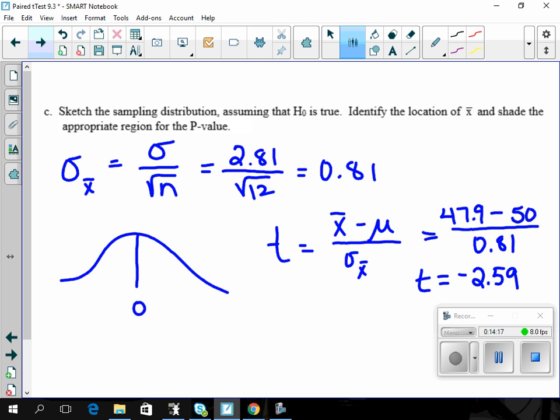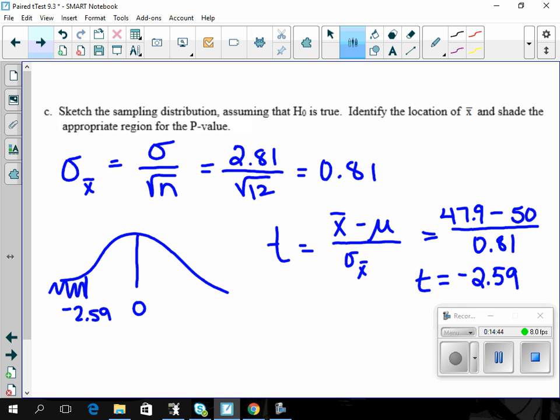Okay, so now we're going to sketch it. I have a 0, right? And then I have negative 2.59, and I'm going to shade to the left because my alternative hypothesis was less than. Do you agree? So I've shaded. I've identified the location of X bar.